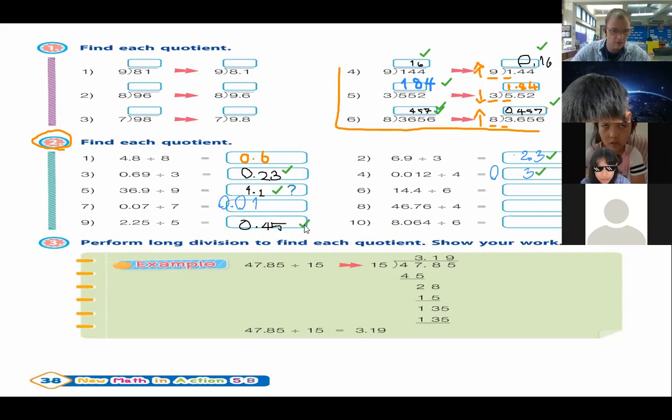That is correct. 0.07 divided by 7 is 0.01. Excellent. How about the last two here? Or last 3. We have about 2 minutes left to finish.